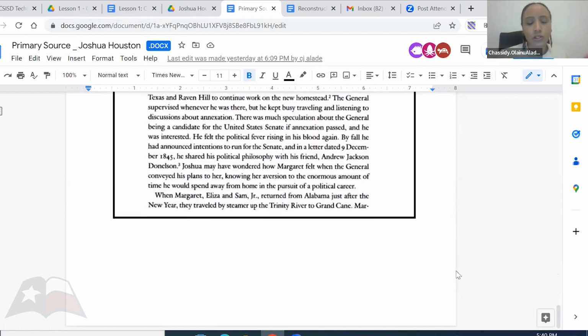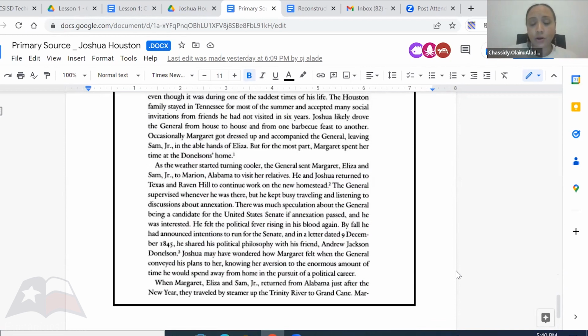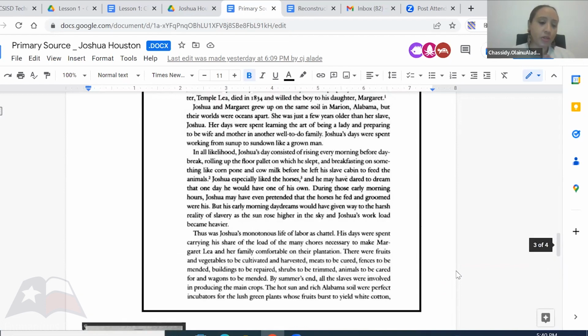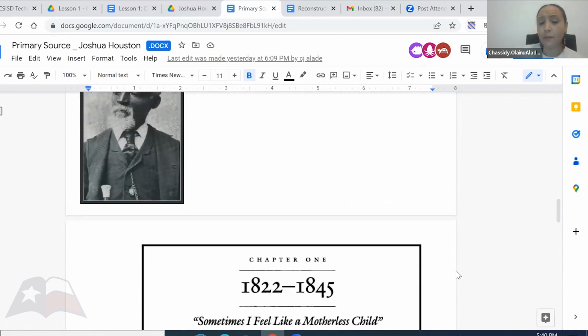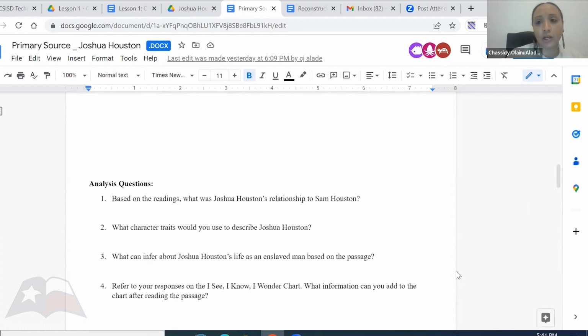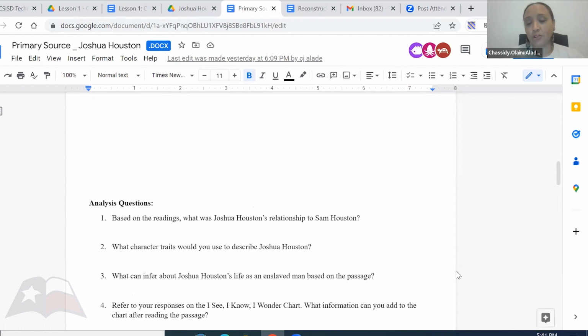Joshua Houston also gives a great opportunity to study what African Americans did when they got into power, because we know, based off of this book and his narrative, that he went on to sit on a board at a church. He also started a school, and he was not only an alderman in his city, but a county commissioner and a delegate to the Constitutional Convention.